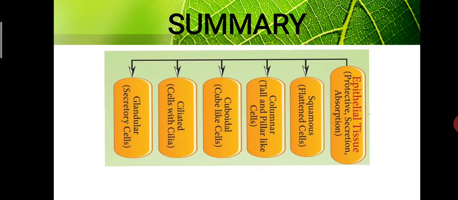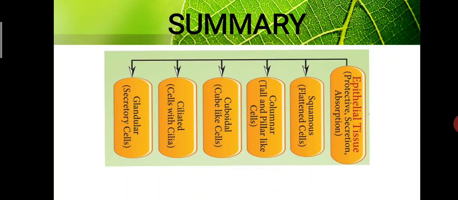Altogether in today's class we started with animal tissue. We saw the definition of a tissue and the classification of tissue as simple tissue and compound tissue. Then animal tissues are classified into epithelial, connective, muscular and nervous tissue. We saw epithelial tissues in detail. Epithelial tissues were further classified into simple and compound.